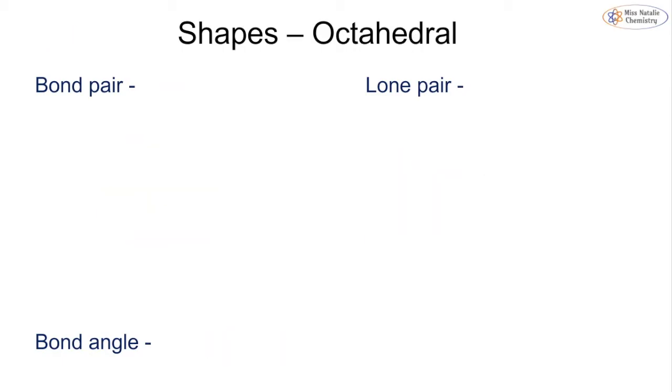For octahedral, this is a little bit similar, that as soon as you see the formula, like SF6, you should automatically be thinking octahedral, because octahedrals have 6 bonding pairs and no lone pairs.